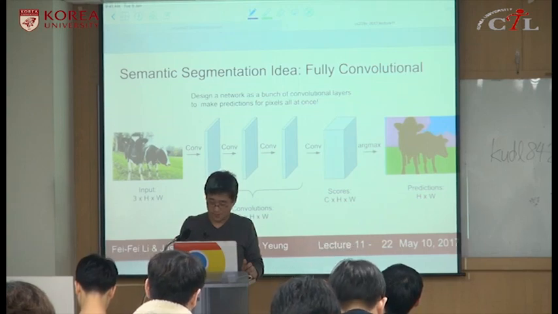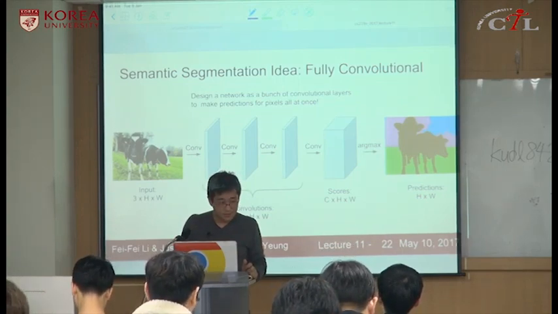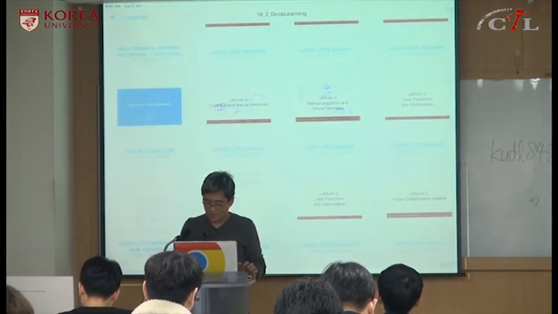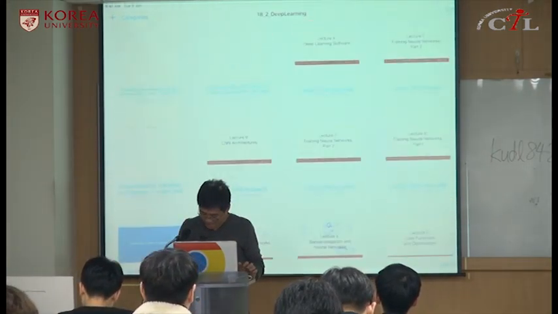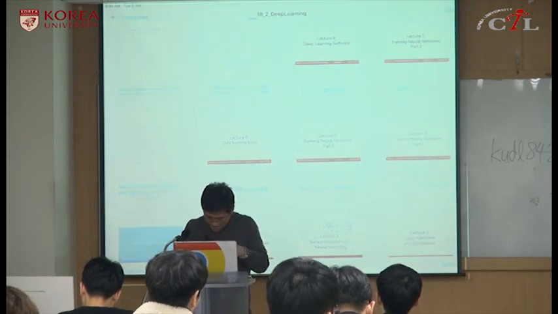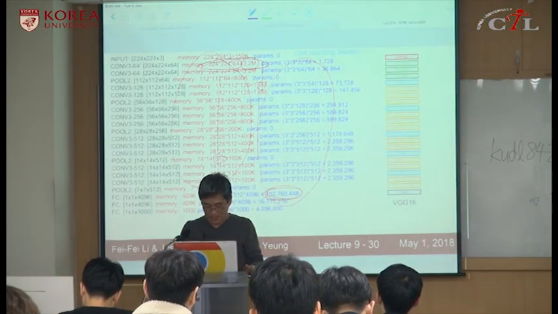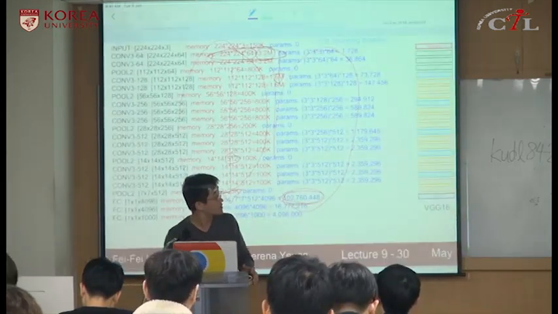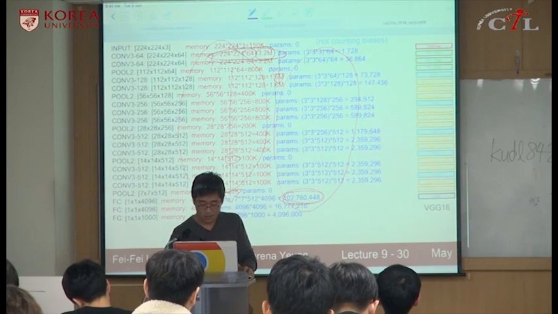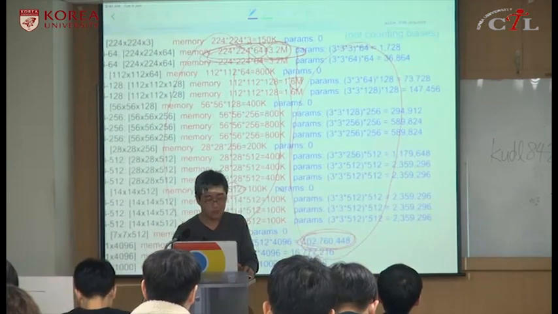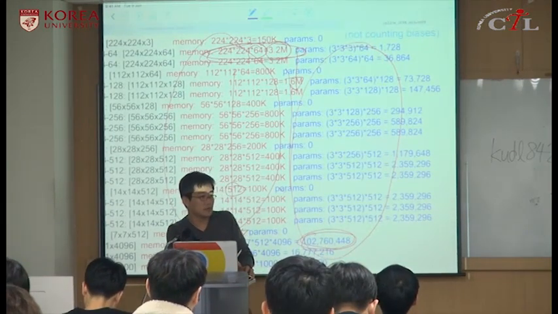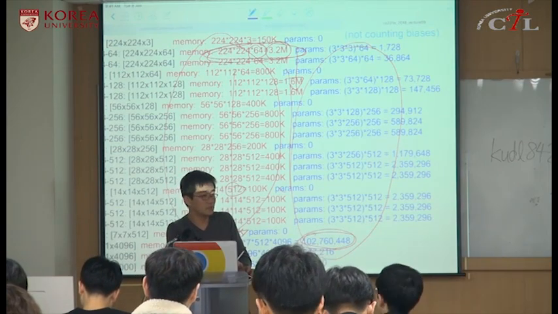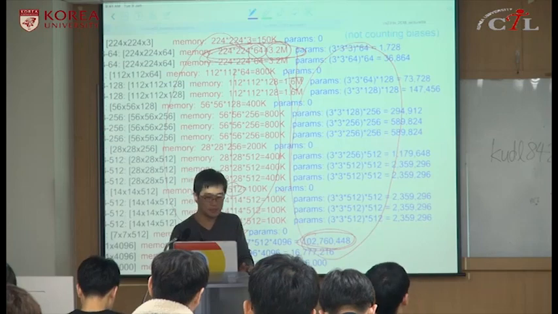So if you remember the VGGNet, I think I explained it already, but in this case you have to closely understand this pattern in terms of the size of the activation map and also the number of parameters as we go through these layers.